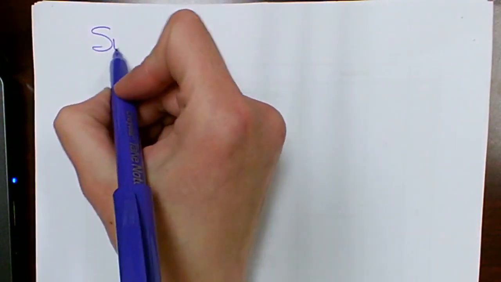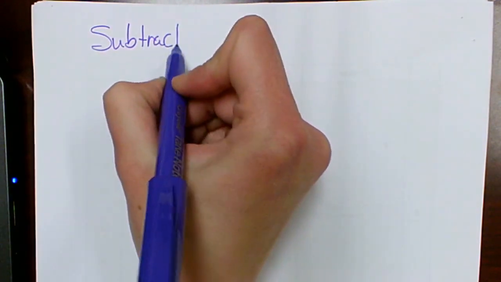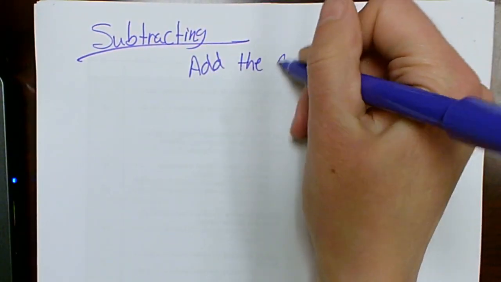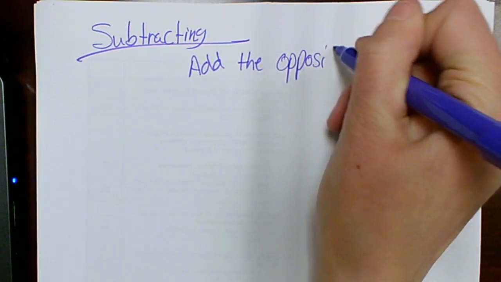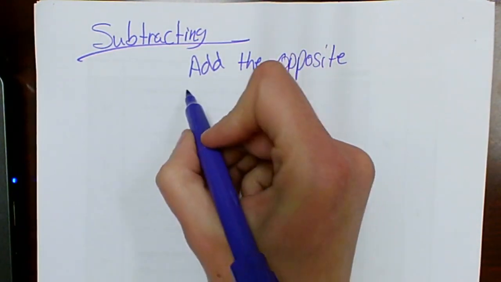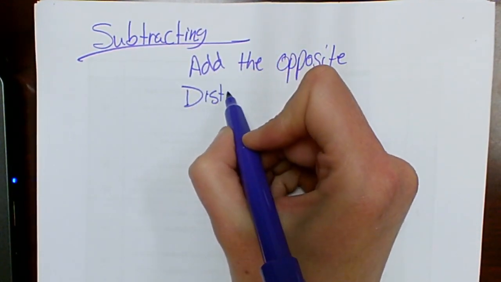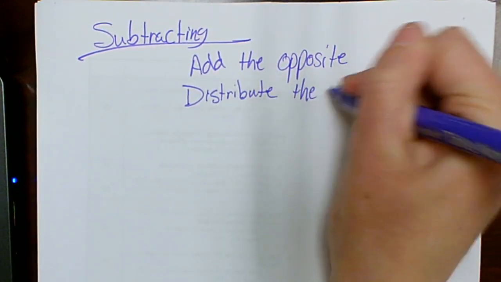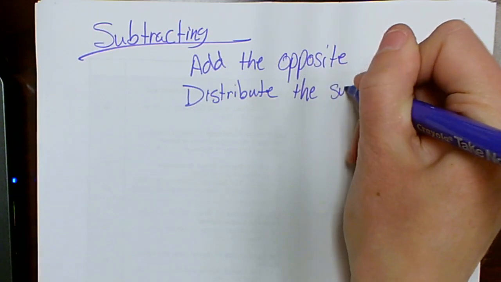Subtracting polynomials. So what we're going to do is actually add the opposite, or simply distribute the subtraction sign.